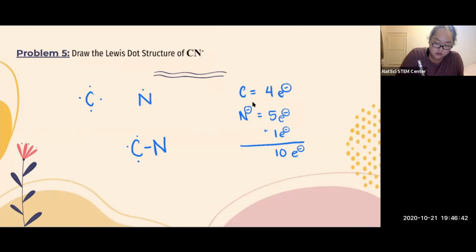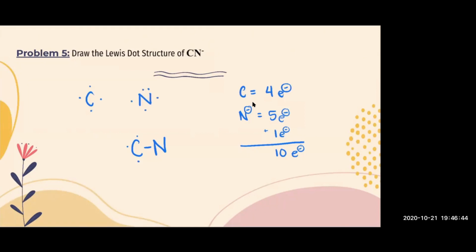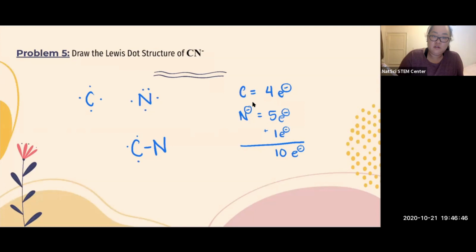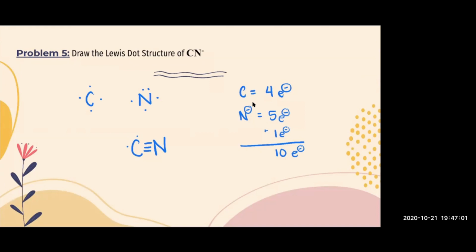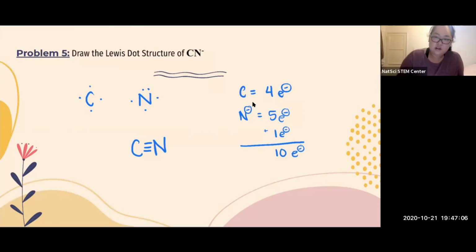Nitrogen has 5, so it can form 3 more bonds. So if nitrogen can form 3 more bonds and carbon can form 3 more bonds, you would start forming a double bond. You can erase 1. And now you can form a triple bond, like that.